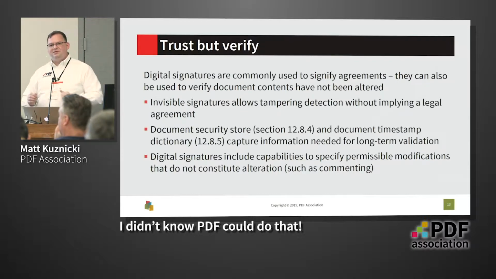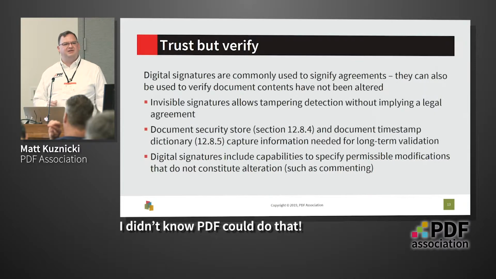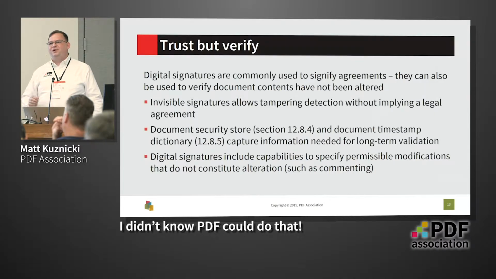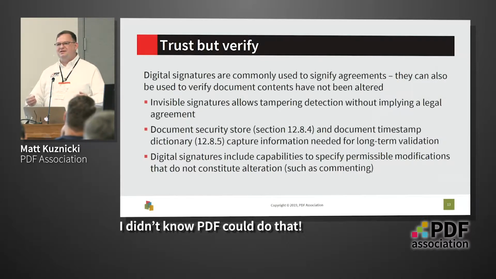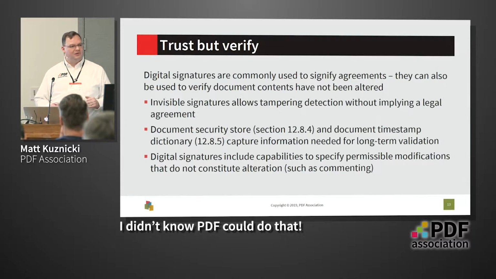And we can use these digital signatures, whether they're visible or not, they include the ability to state what is a permissible modification to a PDF before it should be considered tampered with. So, for example, form filling, commenting, you're able to digitally sign a PDF and to state that users should be allowed to fill in forms without triggering a security warning.